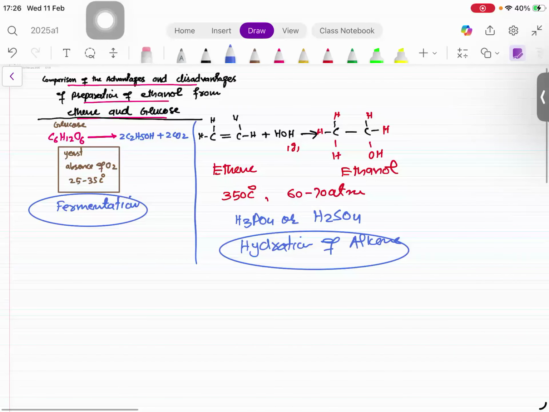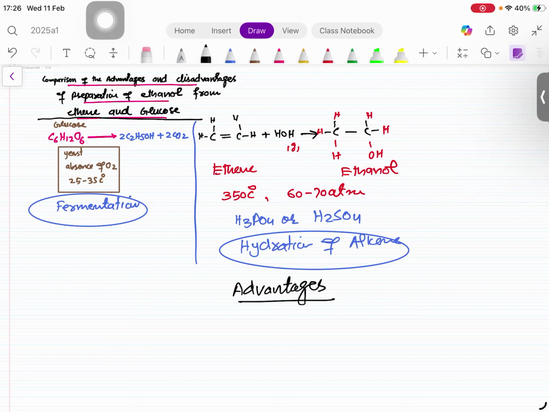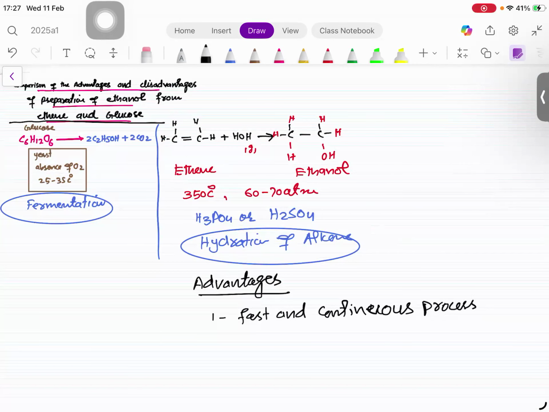Hydration of alkene, it's fast. Please write down, it's fast. Advantages: give the advantages heading. So I'm giving first the advantages and disadvantages of hydration of alkene. Number one, it is a fast and continuous process.